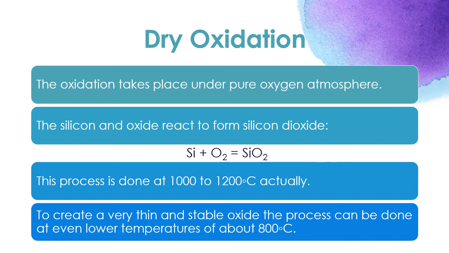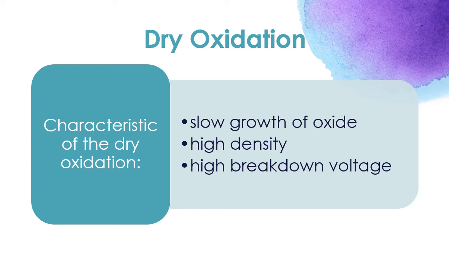This process is usually performed at a temperature of around 1000 to 1200 degrees Celsius. To create a very thin and stable oxide, the process can also be done at an even lower temperature, around 800 degrees Celsius.